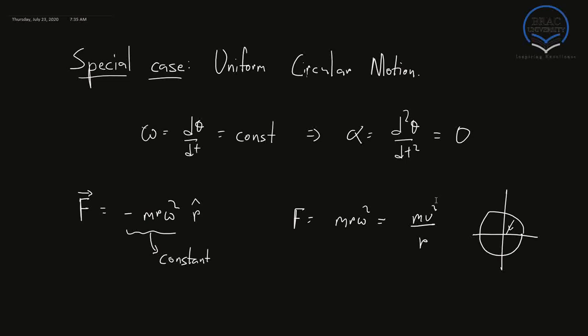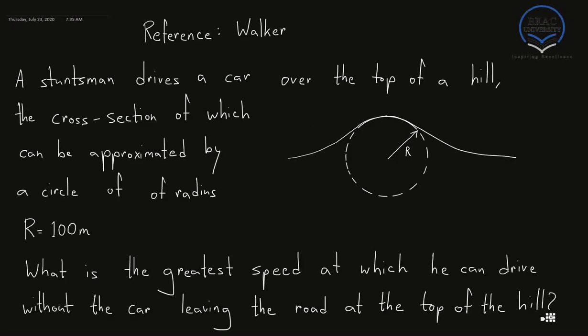Let's look at a problem in uniform circular motion to further understand the role of this centripetal force. Here's a problem I picked from our Walker book, which is the reference I recommended to you. We have a stuntman driving a car over the top of a hill, the cross section of which can be approximated by a circle of radius r equal to 100 meters.